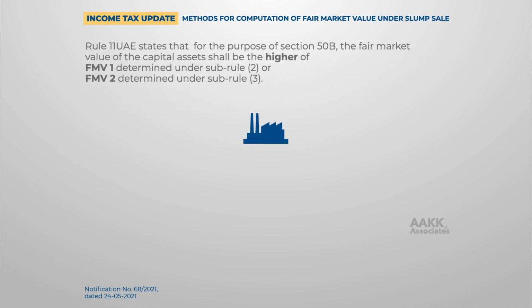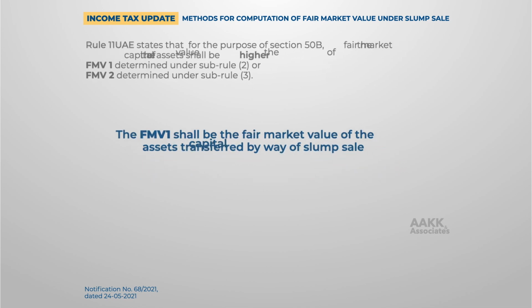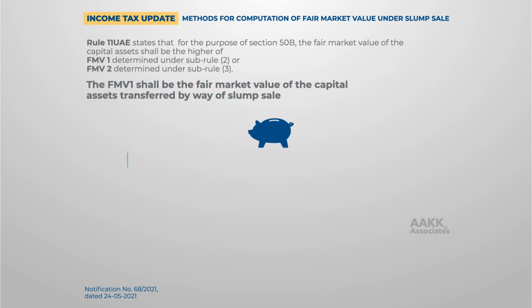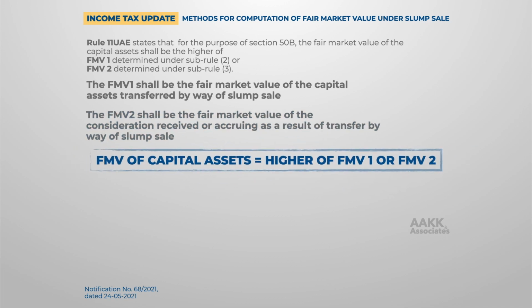The FMV1 shall be the fair market value of the capital assets transferred by way of slump sale. The FMV2 shall be the fair market value of the consideration received or accruing as a result of transfer by way of slump sale. Fair market value of the capital assets shall be the higher of FMV1 or FMV2.